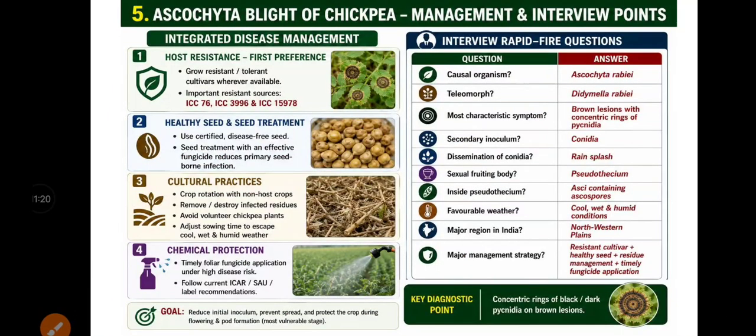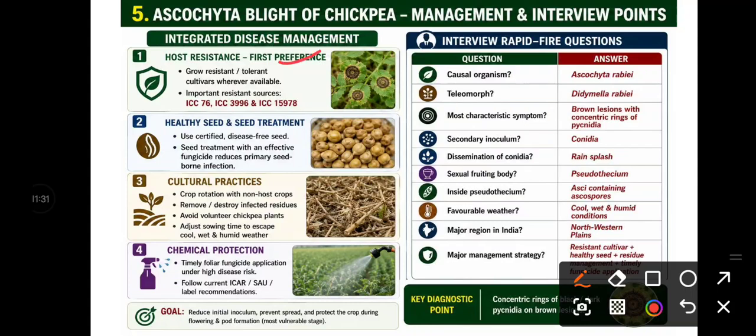Finally, the management practices. The best management practice for Ascochyta blight is the use of host resistance, growing of resistant or tolerant varieties. Examples of resistant sources are ICC 76, ICC 3996, ICC 15978.